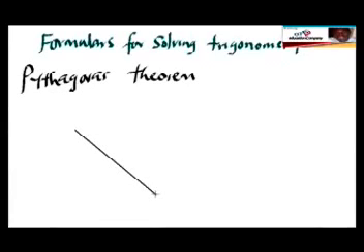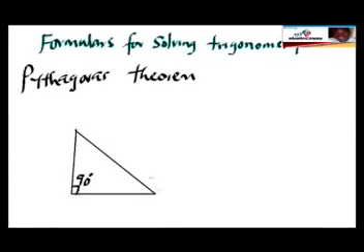Let's say this is my right angle triangle. And by the way, how do I know that this is a right angle triangle? It's simple. Usually, every right angle triangle is indicated with a symbol here that shows that it's 90 degrees. So if one of your internal angles in the triangle is 90 degrees, then it is a right angle triangle.